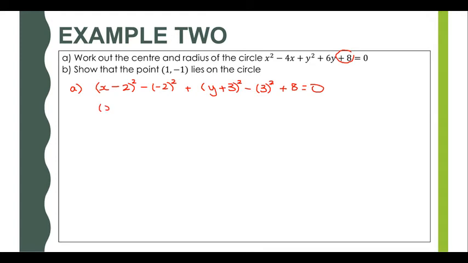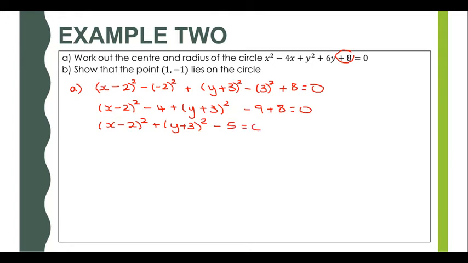And if we simplify this, we get x take away 2 squared minus 4 plus y plus 3 squared minus 9 plus 8 is equal to 0. We can collect the constants together, which gives us x minus 2 squared plus y plus 3 squared minus 5 is equal to 0.